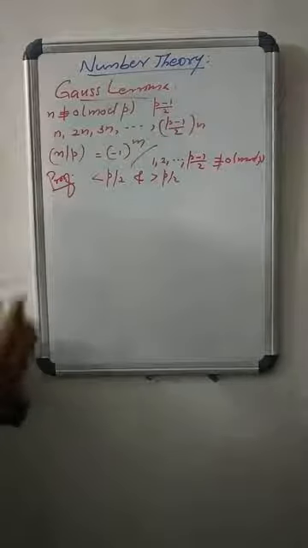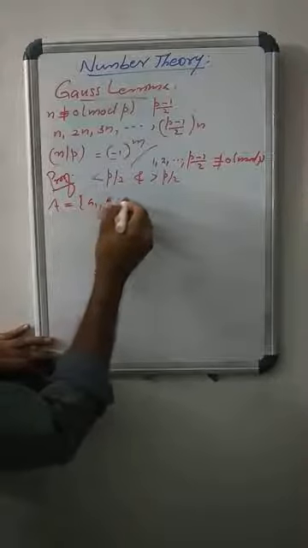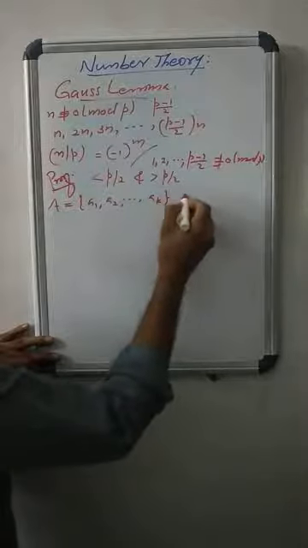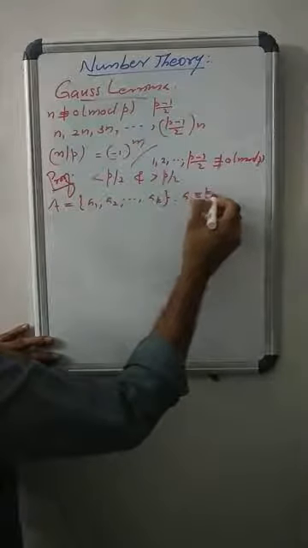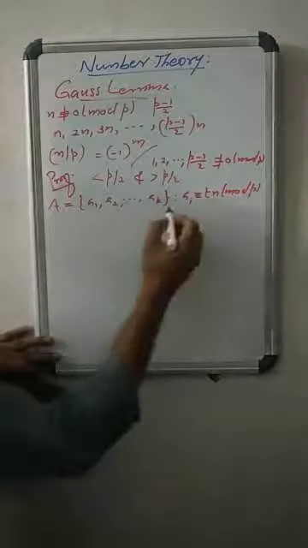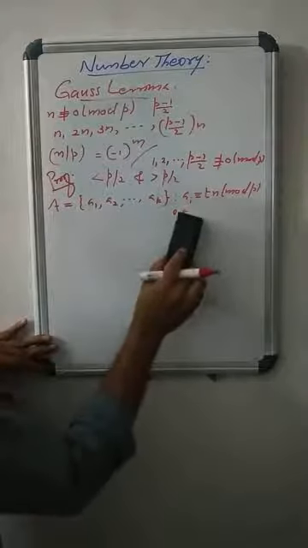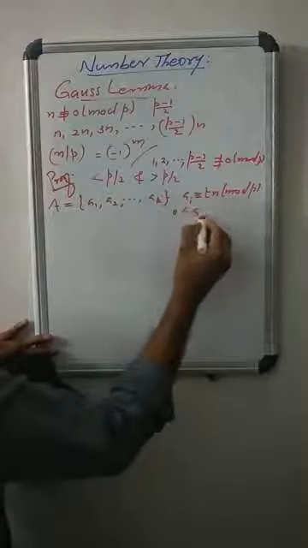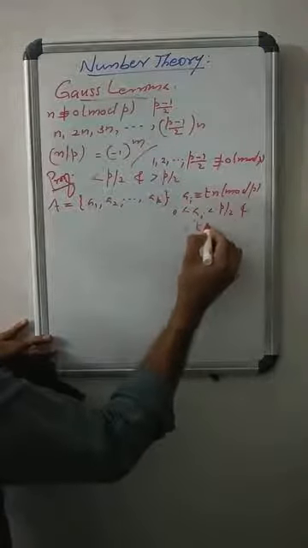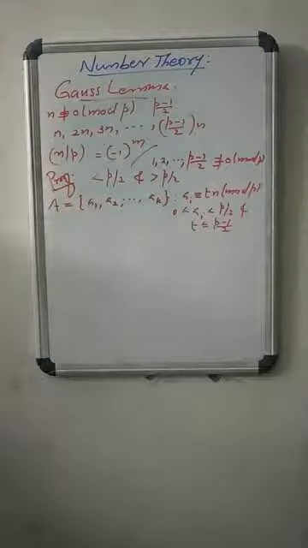Okay, so consider A. A equals the set A1, A2, etc., Ak, where each Ai is congruent to tn mod p, with 0 less than Ai less than p/2 and t less than or equal to (p minus 1)/2.